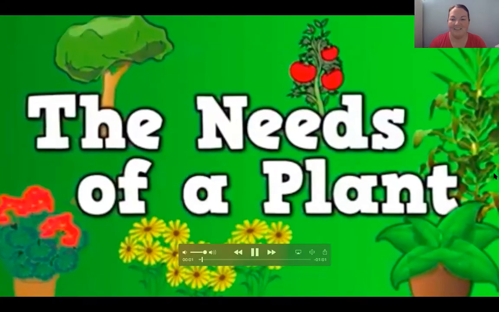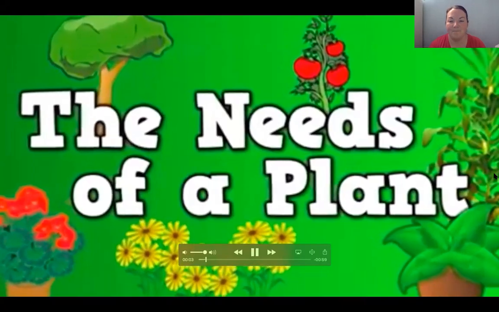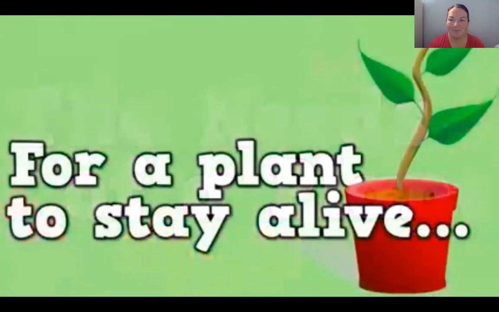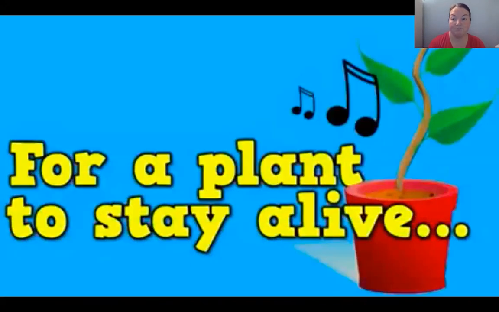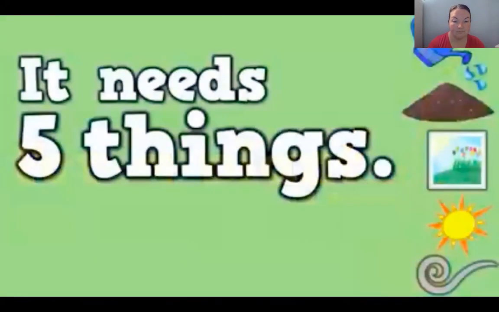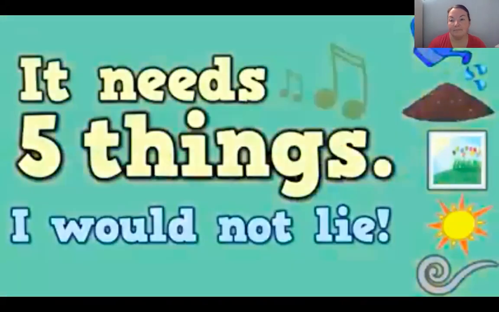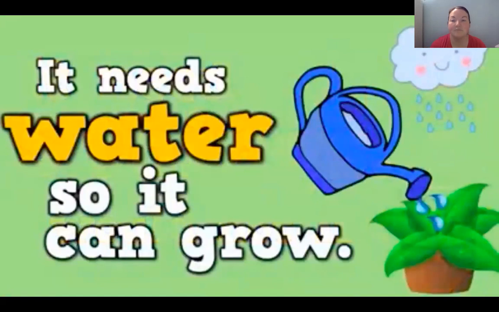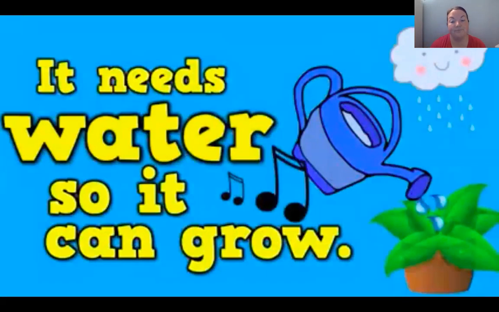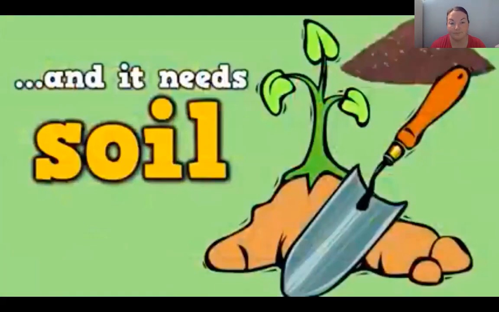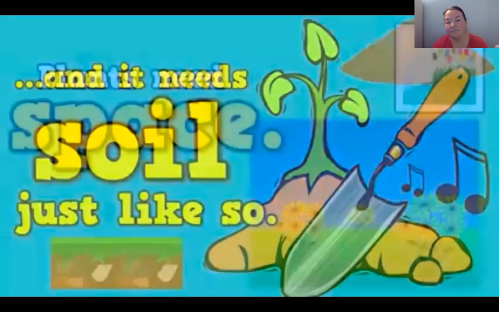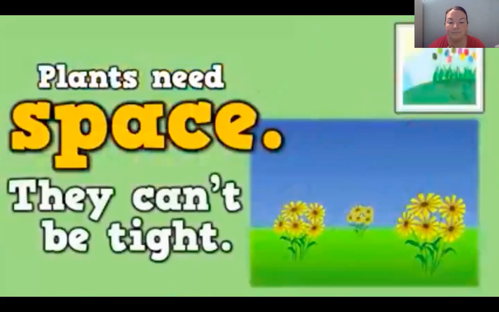The needs of a plant. For a plant to stay alive, it needs 5 things I would not lie. It needs water so it can grow. And it needs soil just like so. Plants need space, they can't be tied.